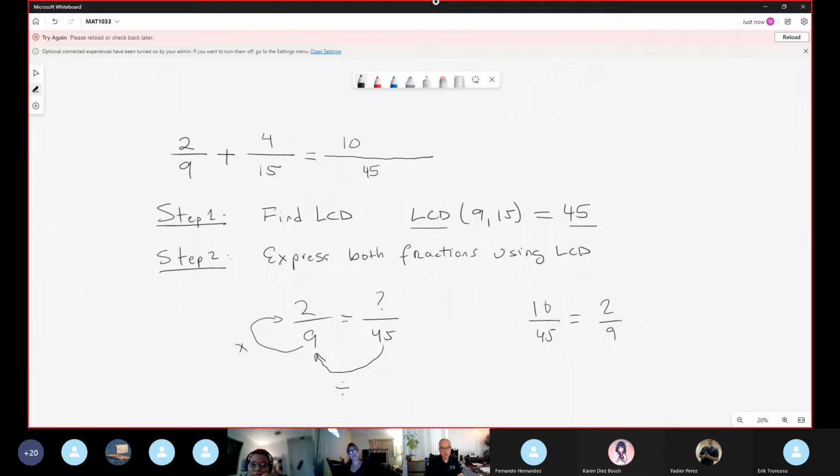Okay, plus, you divide now 45 divided by 15, that is 3, times 4 is 12. And adding, this is 22 over 45. Done.